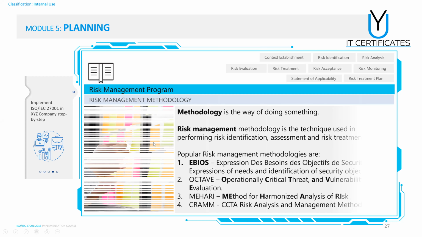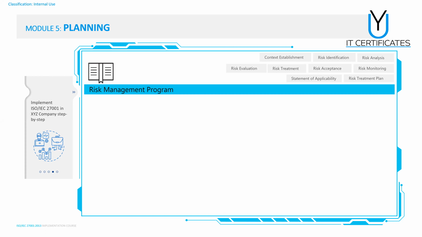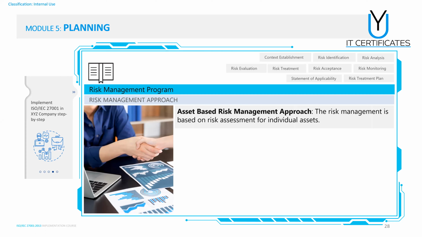Okay. And this would cover the risk management methodology, and we covered this slide. In risk management approach, we have multiple approaches. Approach number one is the asset-based approach, where you define the assets and go individually for each asset and check the vulnerabilities and threats, and define the risk level for each asset.